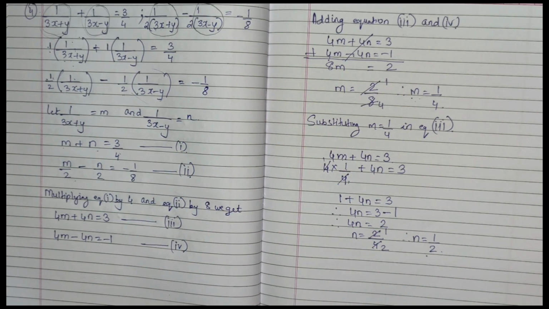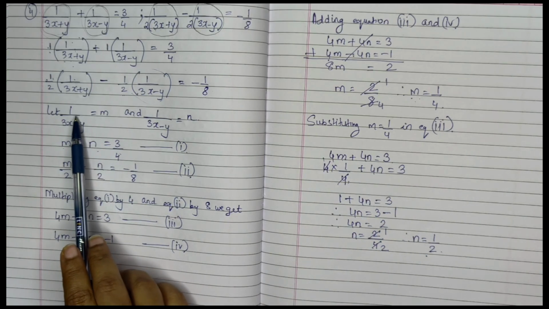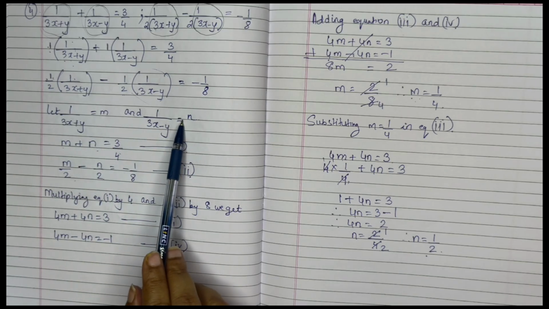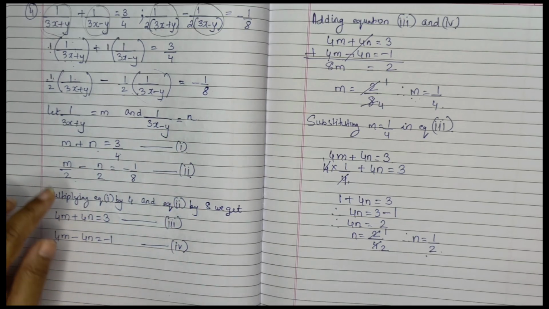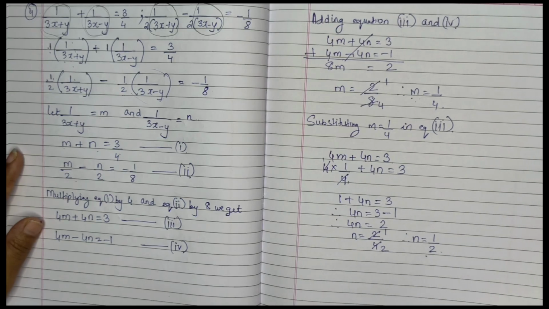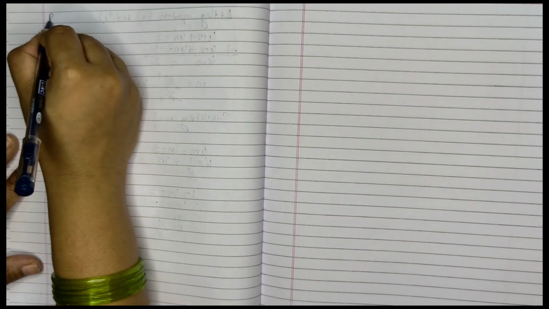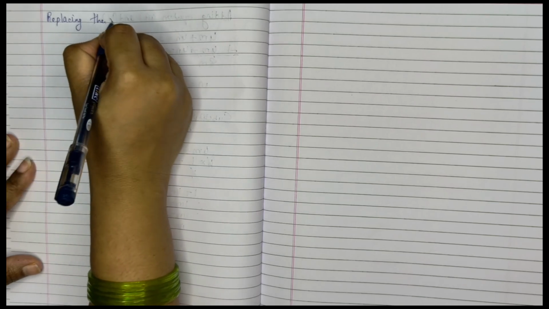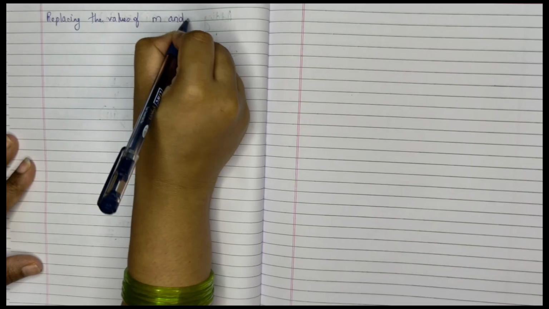Now what we will do is replace the values again. Replacing this, m is equal to 1 upon 3x plus y and n is equal to 1 upon 3x minus y. Understood? So replacing the values of m and n.